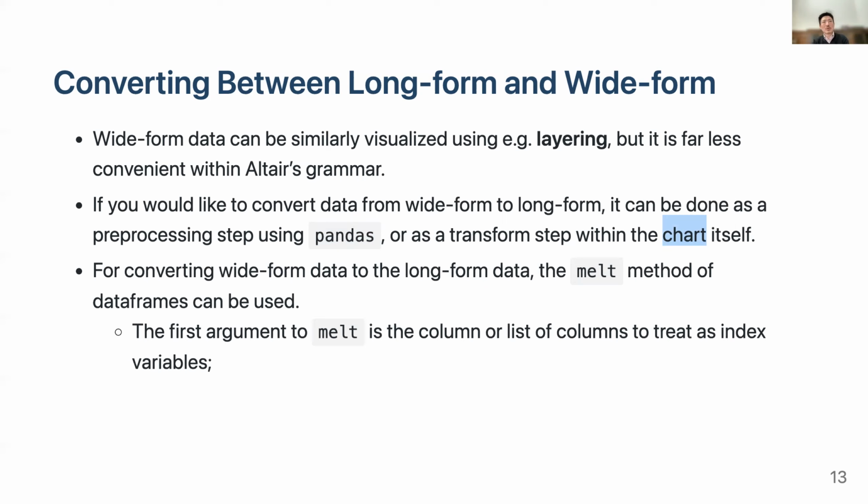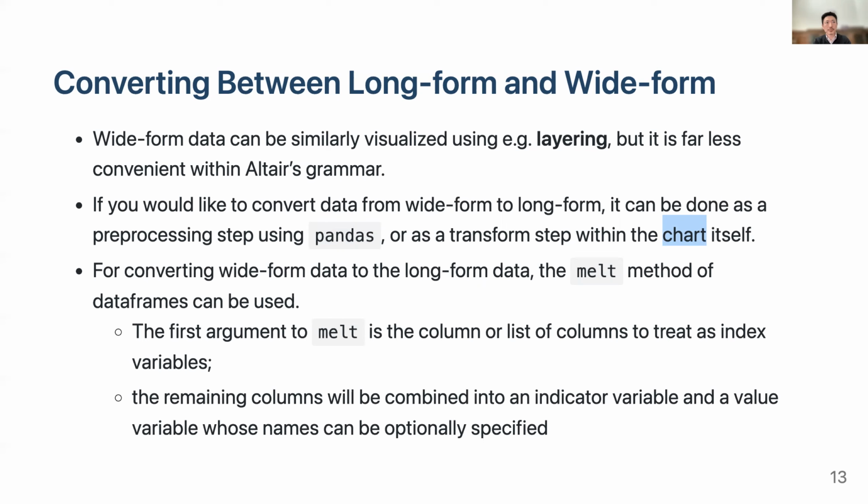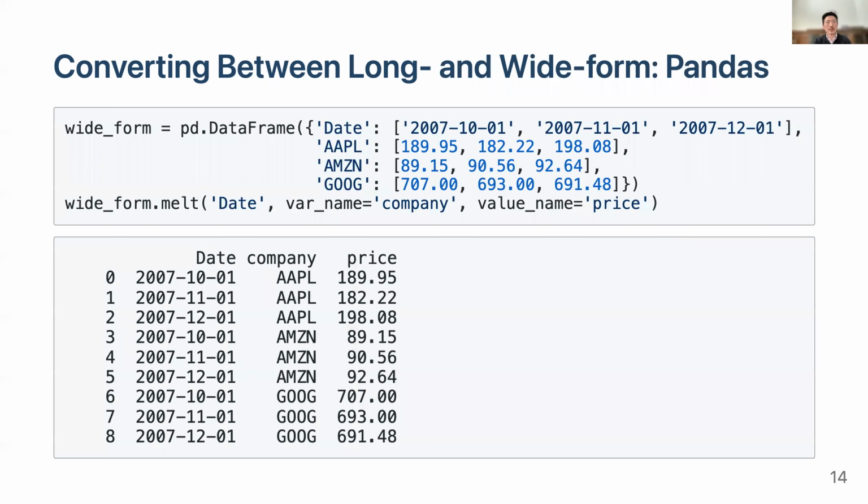If you want to do this in pandas, there's a method called melt. Again, this is just part of Python pandas, it's not part of Altair. I'm not going to do this now, but this is the wide form, exactly the same as we defined before. Then you can see here we're using the melt, and it specifies the different variables.